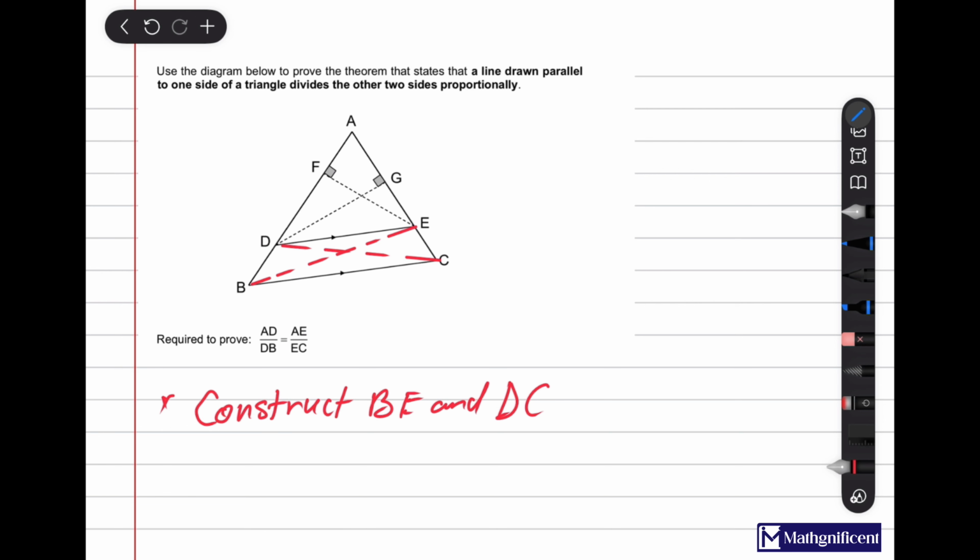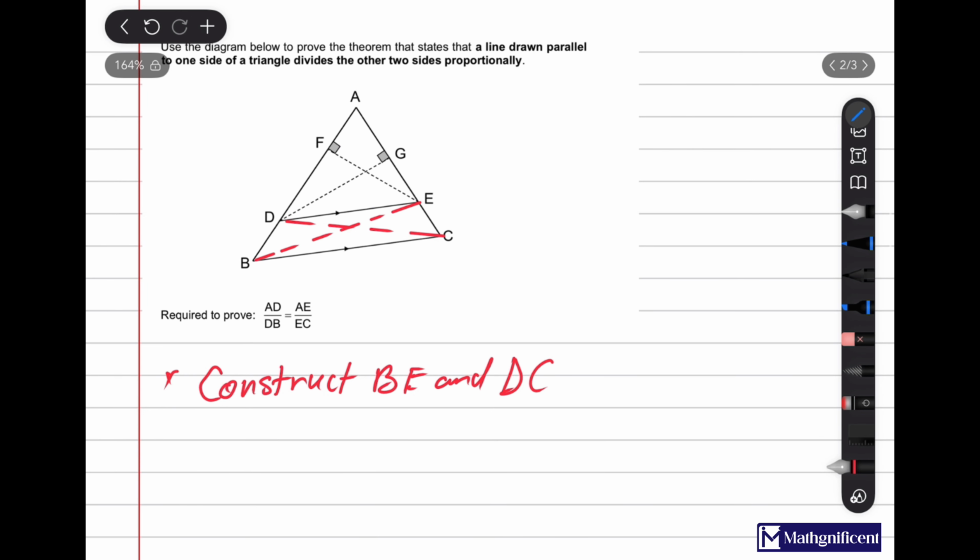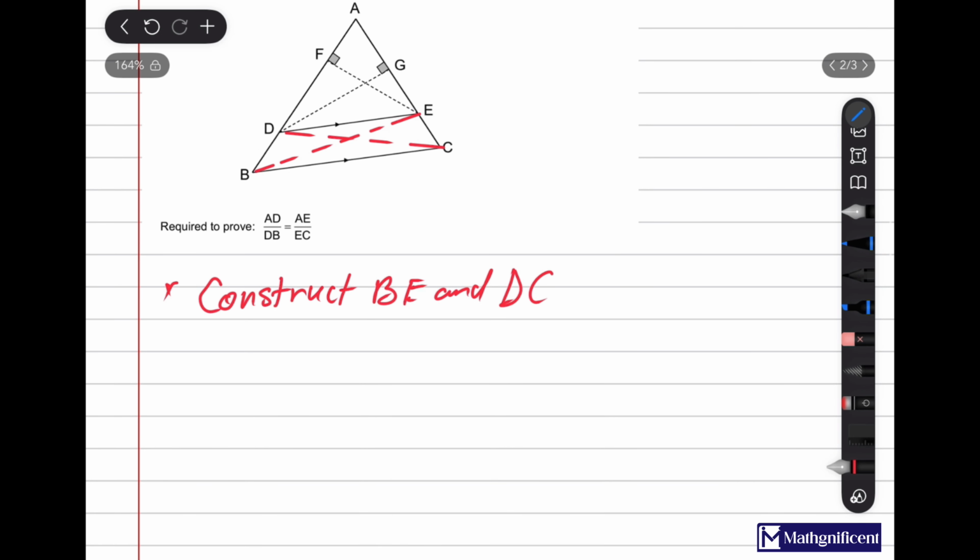Now we want to find the ratio of the area of triangle ADE over the area of triangle BDE, right? So let's do that. So now we have to find the area of triangle ADE over the area of triangle DEB.